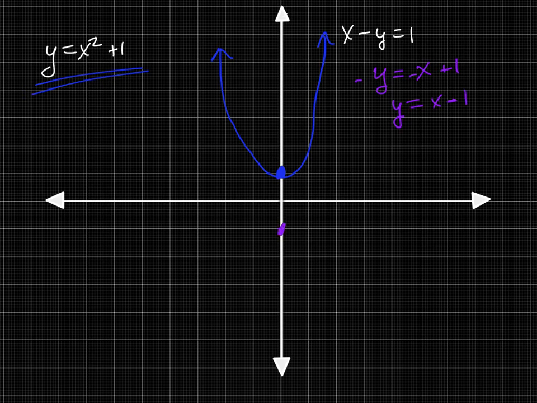So my y-intercept down here is at -1, and my slope is 1, so I go up 1 and over 1. And what you see, and this is the reason why this has no solutions, is there's nowhere where the parabola and the line meet, hence the imaginary solutions.